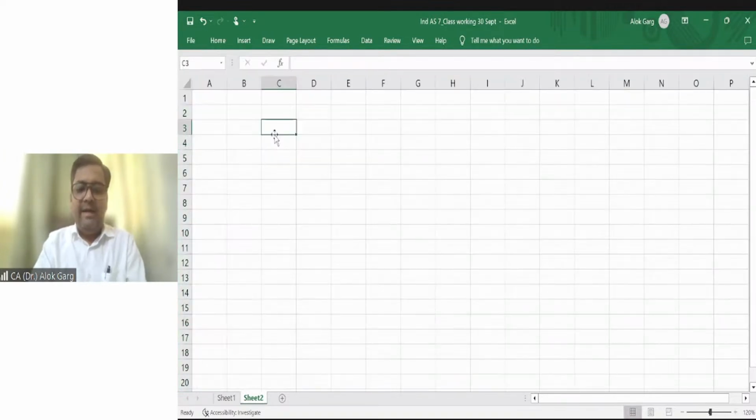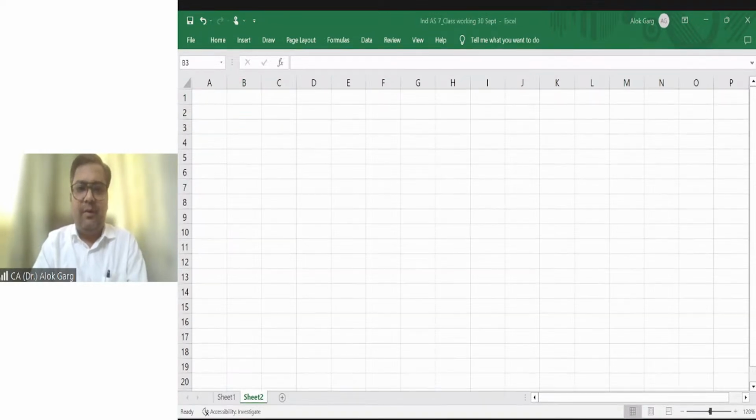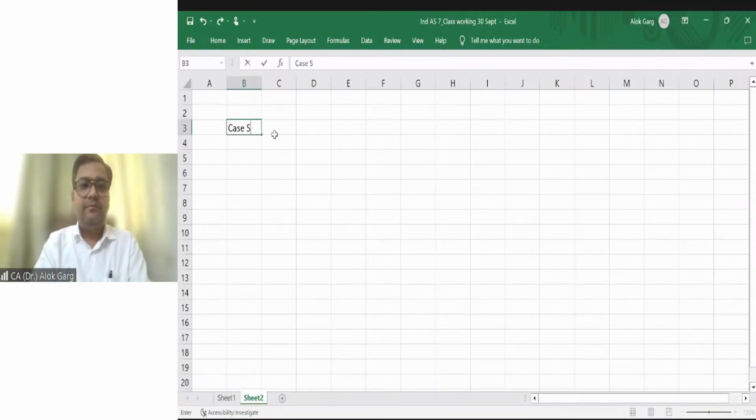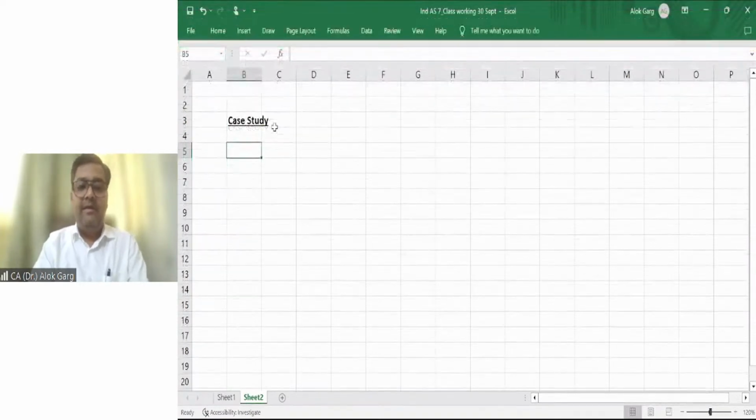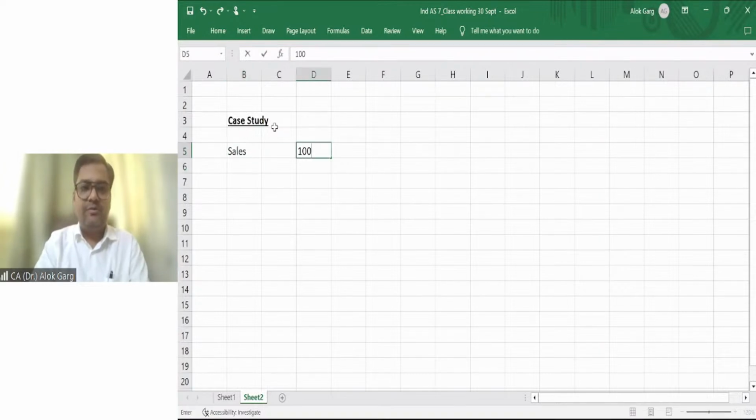Friends, why is analysis of the cash flow statement, or this cash account, important? Let me give you a case study here, and you will understand why it is important. There is a company, ABC Limited, and ABC Limited has sales of rupees 100 crores, in crores.